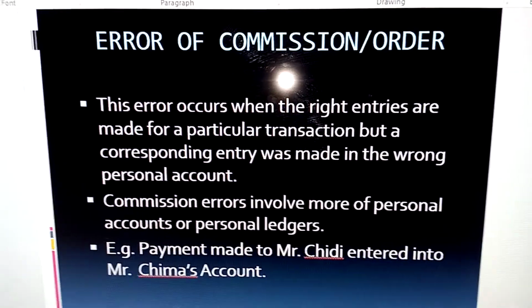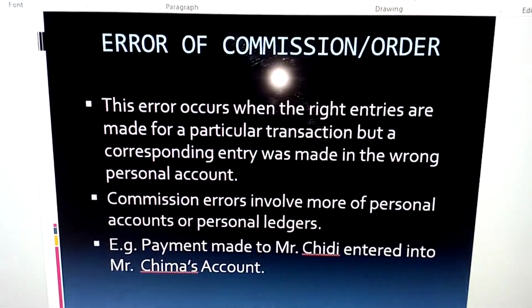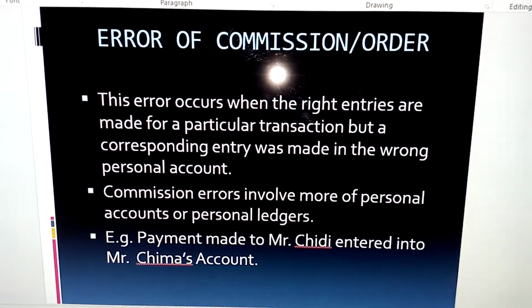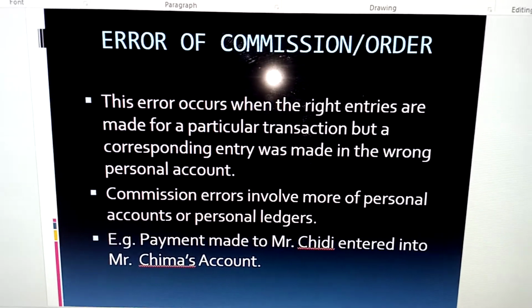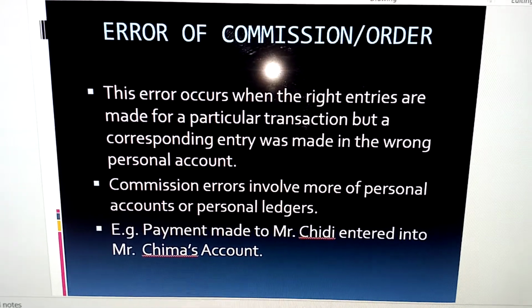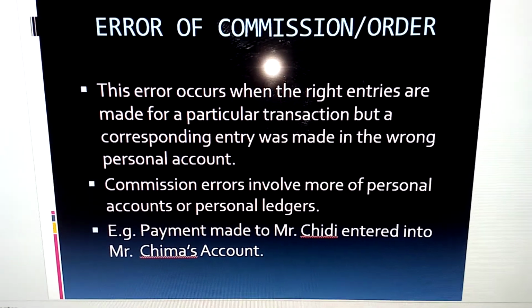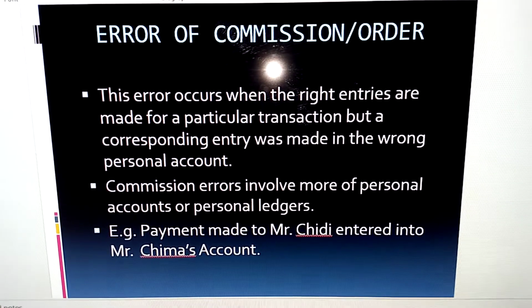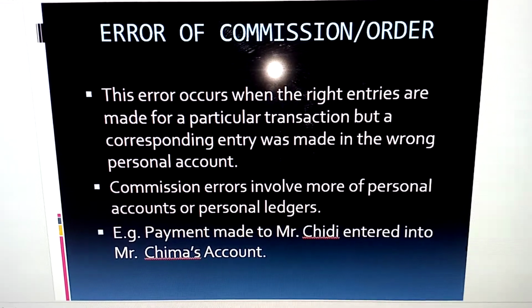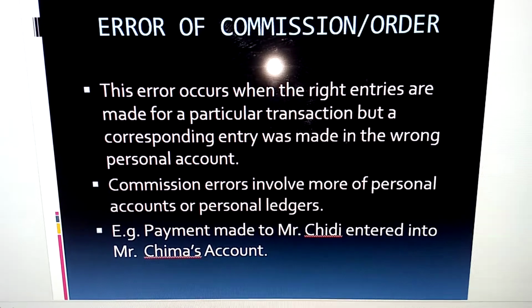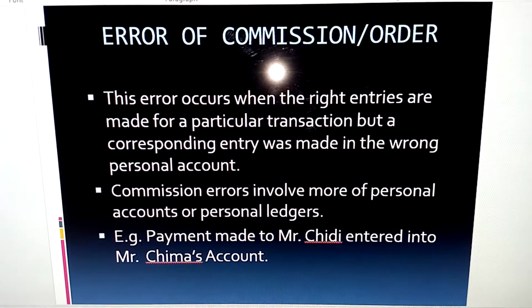The next one is the error of commission or order. Here, we are saying that in the transaction, the right entries were made, but the wrong person's account was taken into consideration.